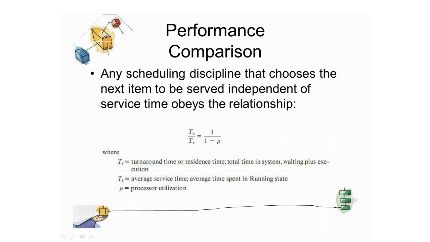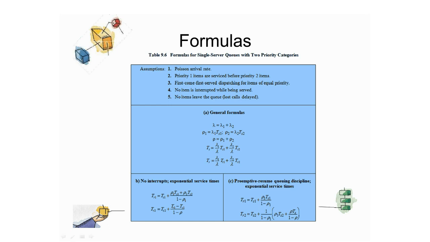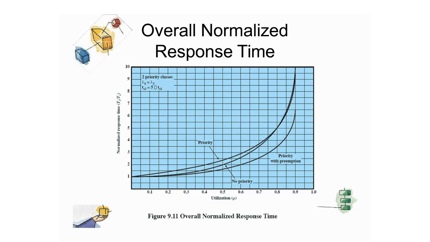Here's the performance comparison. Any scheduling discipline that chooses the next item to be served independent of service time obeys the relationship of this formula. Here's the formula of scheduling. Here's the overall normalized response time of the types of scheduling that I have explained.